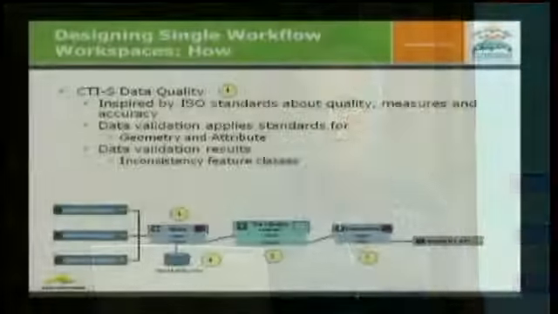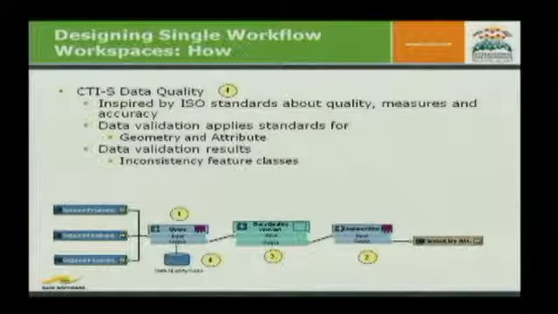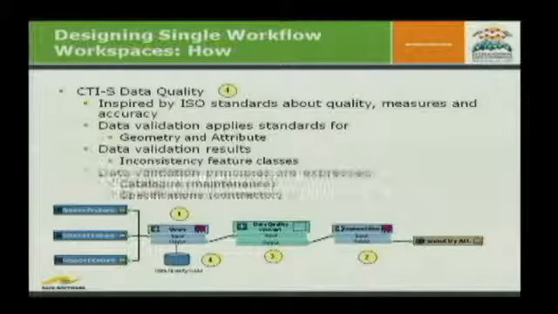The basics of the different quality concepts are different for geometry and for attributes. And the results are feature classes that output the results for the contractors or also for operators that will correct the errors.